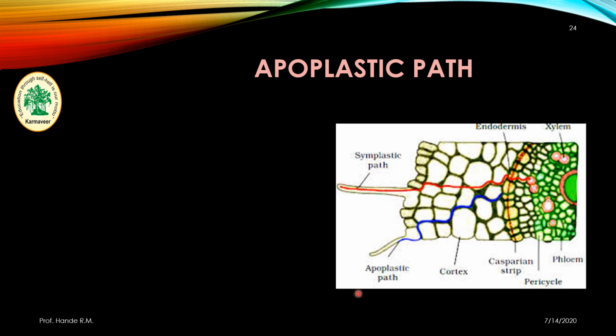When some water passes across the root through the cell wall and the intercellular space of the cell, it is known as the apoplastic pathway.